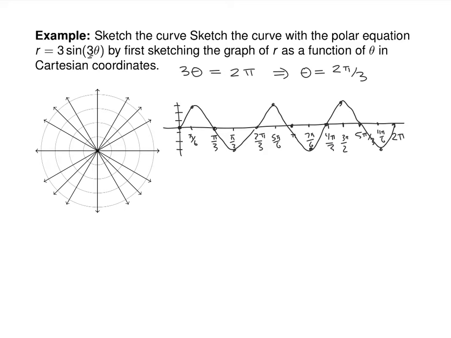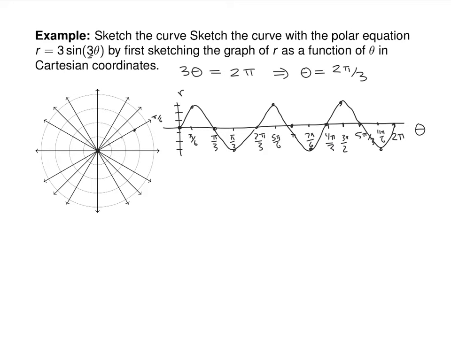Now this curve, and this is the theta axis, this is the r axis. So we start with a radius of 0 at the angle of 0, so we're actually beginning at the pole. By pi over 6, we're up at 3. So this is pi over 6, 1, 2, 3.